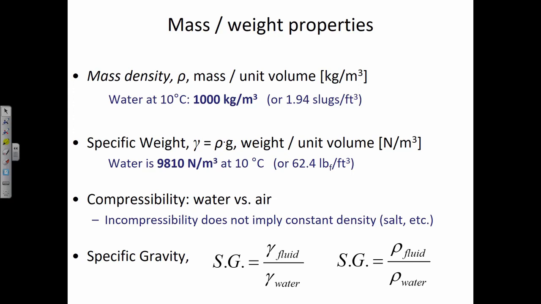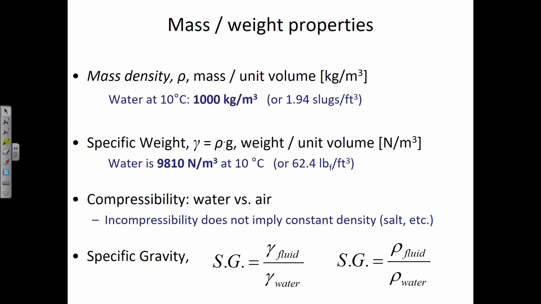So what that means is it has a density of 13.56 times the density of water, which we already know is 1,000 kilograms per cubic meter. And so a cubic meter of mercury would weigh 13,560 kilograms rather than 1,000 kilograms like water does.